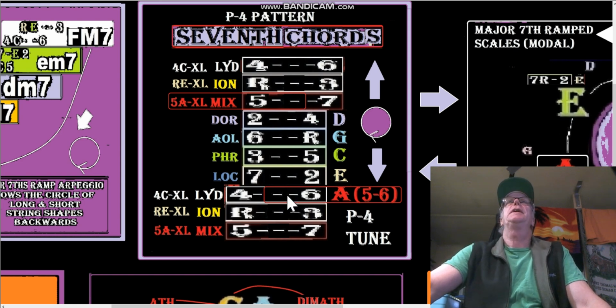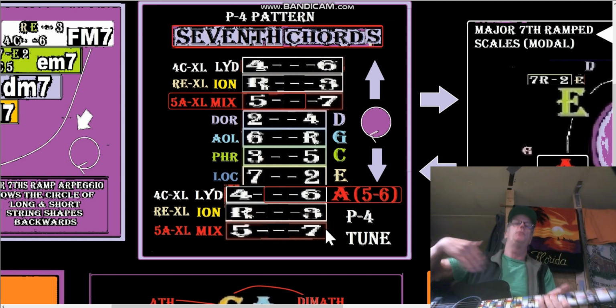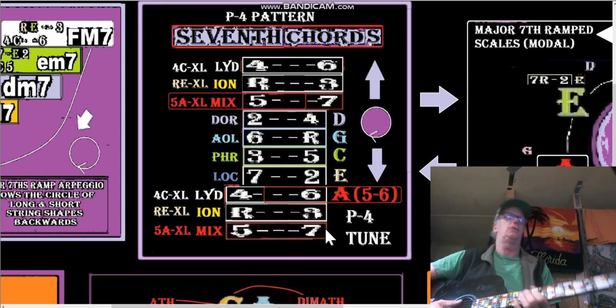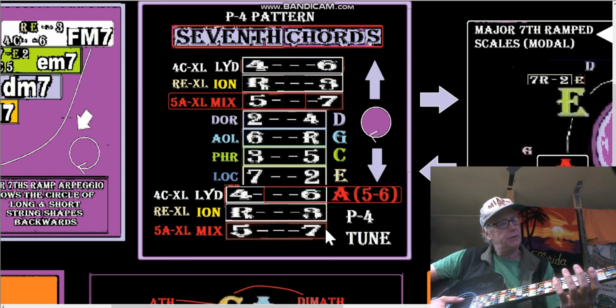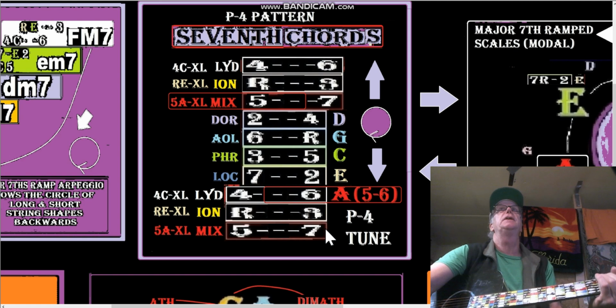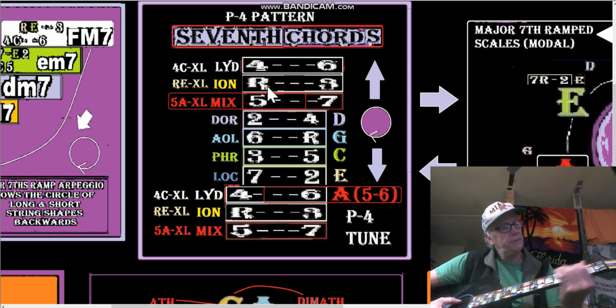The other thing that's interesting is that instead of just going up a ramp with the major 7ths, we can kind of cheat a little bit. Let's say we're going to start in C here, so we start on the root. We'll go root 3, 5, 7, and then root 3.